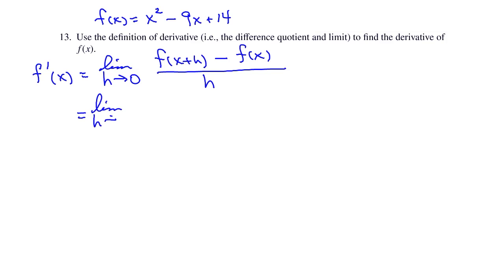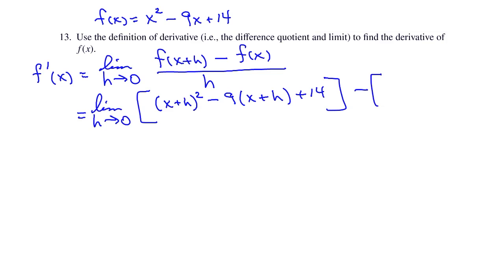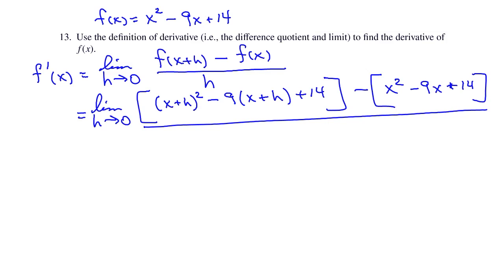So let me fill that in. That would be the limit as h goes to 0 of x plus h squared minus 9 times x plus h plus 14 minus x squared minus 9x plus 14 over h.